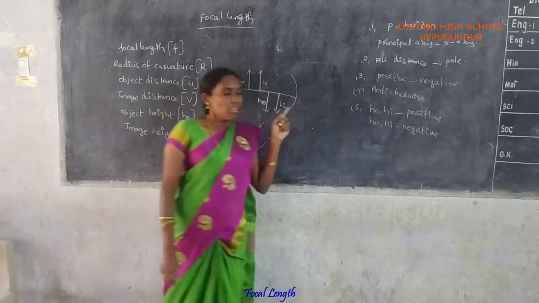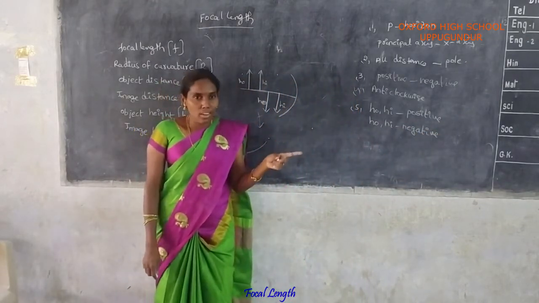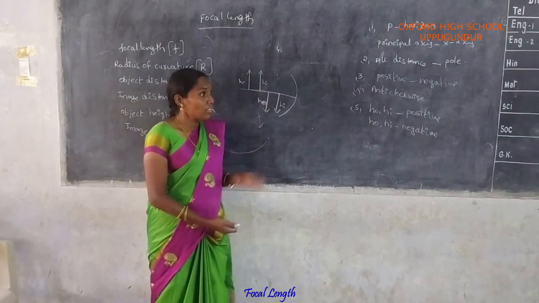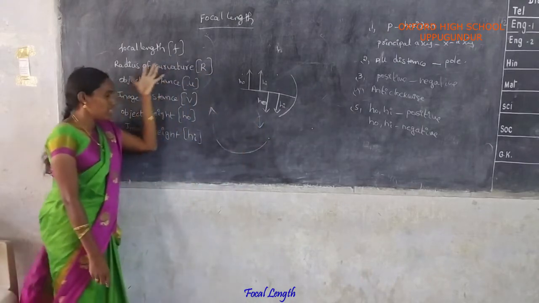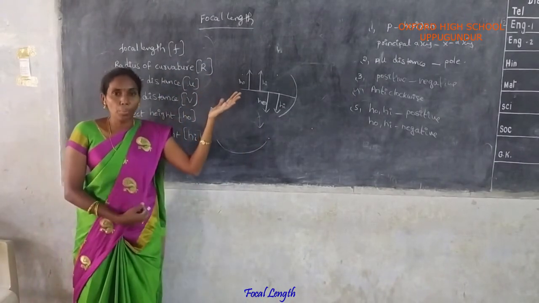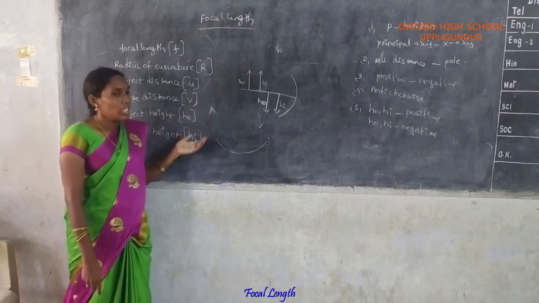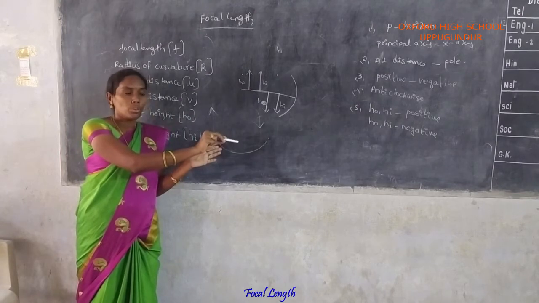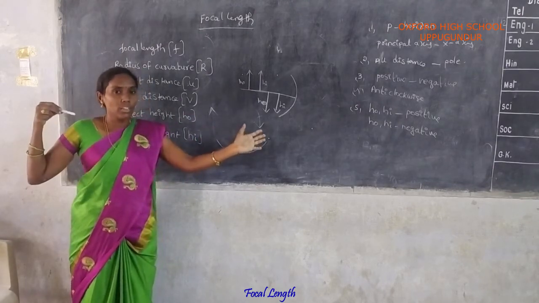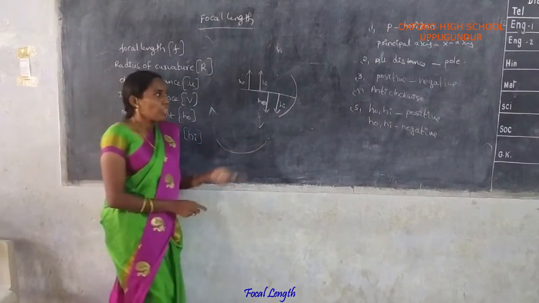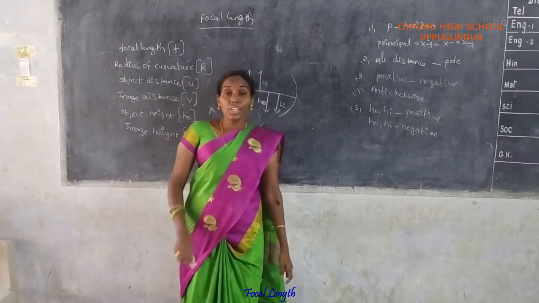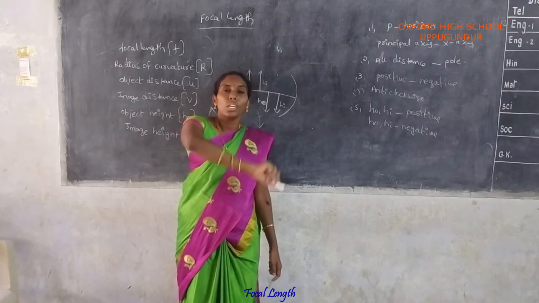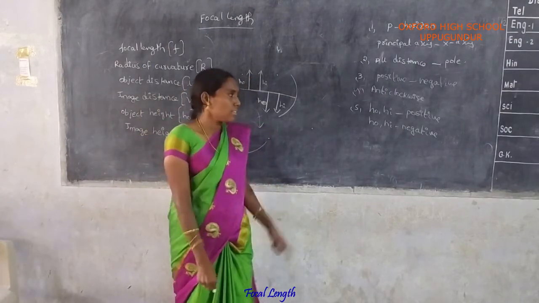Okay, now. See the first one: the pole should be taken as the origin and the principal axis should be taken as the x-axis. Second, all the distances, these six distances, are measured from the pole. Third, the distance measured in the direction of the incident ray is to be taken as positive, and in the opposite direction of the incident ray as negative. Next, angles measured from the pole in the anti-clockwise direction should be taken as positive, and in the clockwise direction as negative.